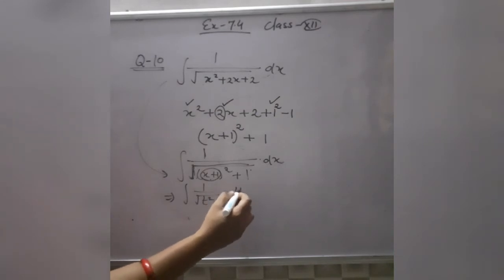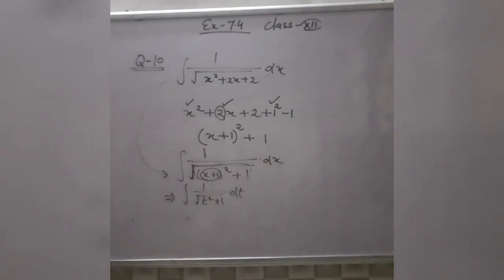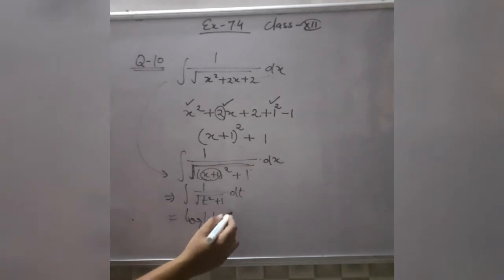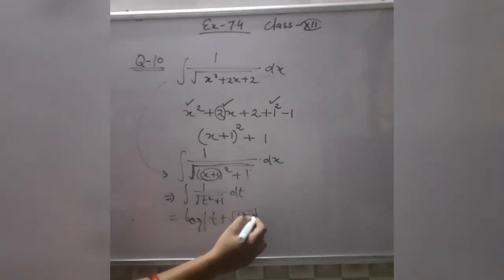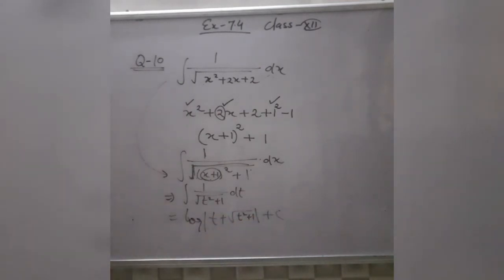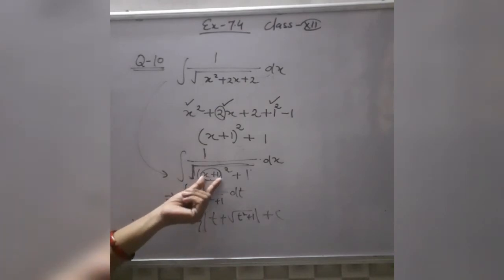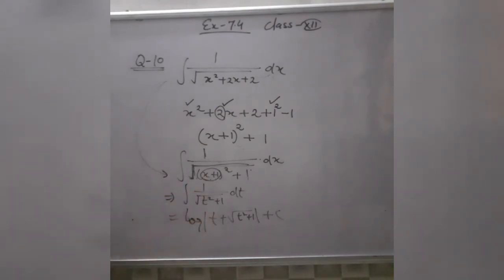In place of dx write down dt, and after using the formula of 1 by root x square plus a square, it becomes log t plus root t square plus 1 plus integration constant c, and in the last step in place of t put the value of t. What is t? t equals x plus 1, so write down here x plus 1. So this is question number 10.